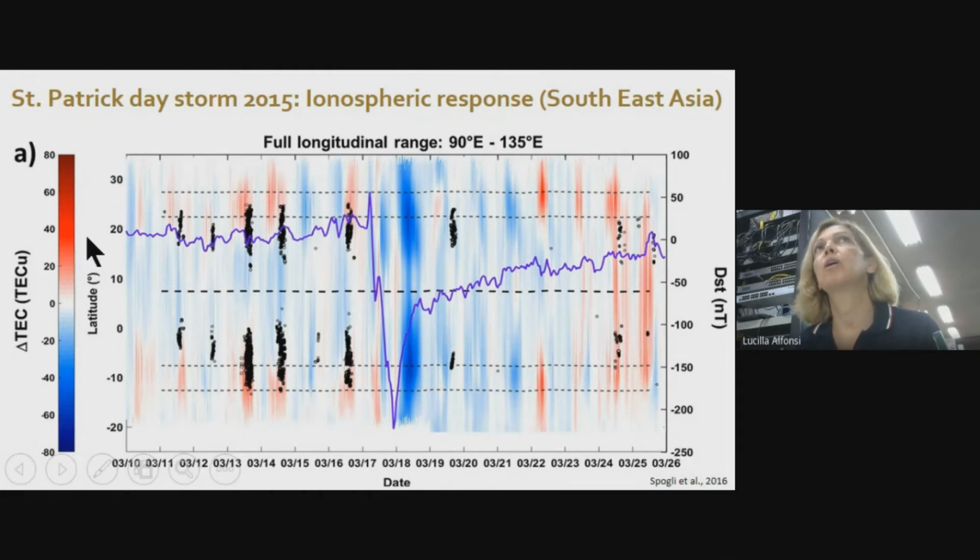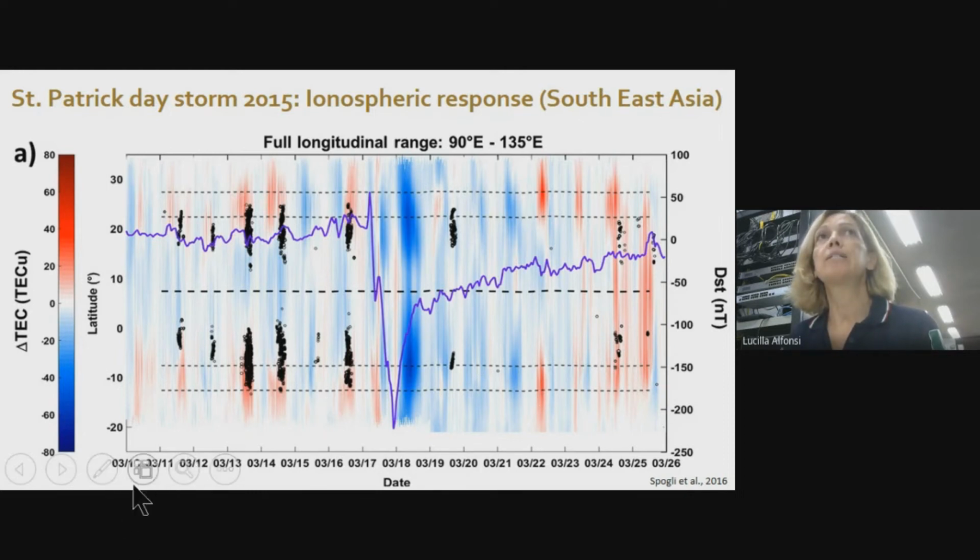If I'm not wrong, Claudio, this was taken with respect to the most quiet days of that month. I remind you that the most quiet days are given by the World Data Center that also provides the geomagnetic indices. So you can rely on this kind of information source.